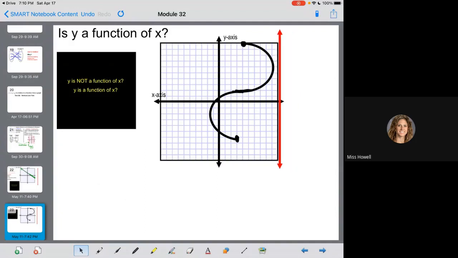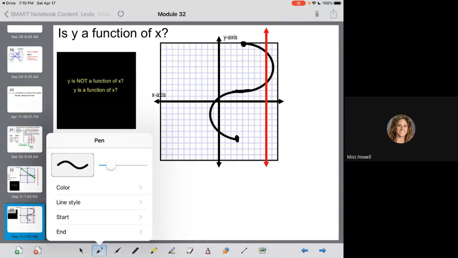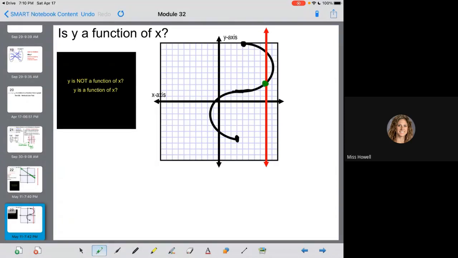So as I go here, I'd say, all right, we're good, good, good. But right here would be a great place to stop and look. We can tell that this vertical line is passing through this graph in multiple places. So right here and right here, right? That vertical line is hitting that graph in more than one place. And as long as I can show one place in that graph, and now this graph we can show a whole bunch, right?